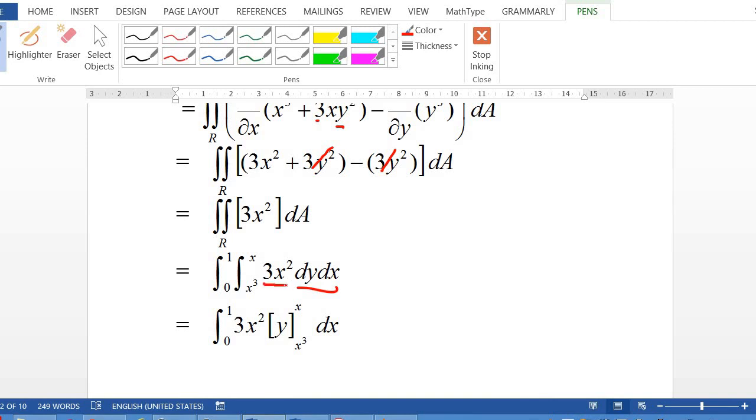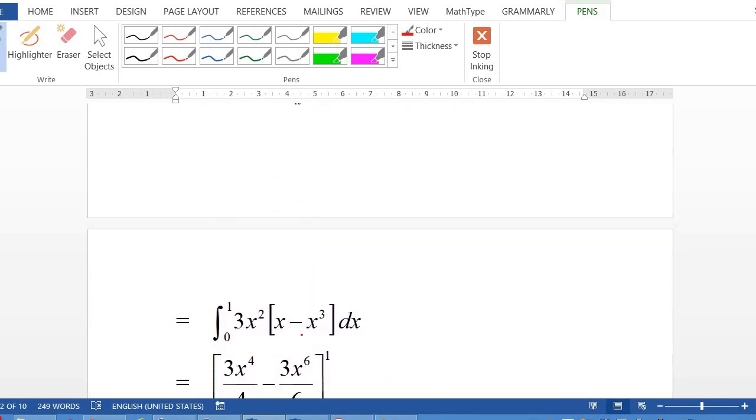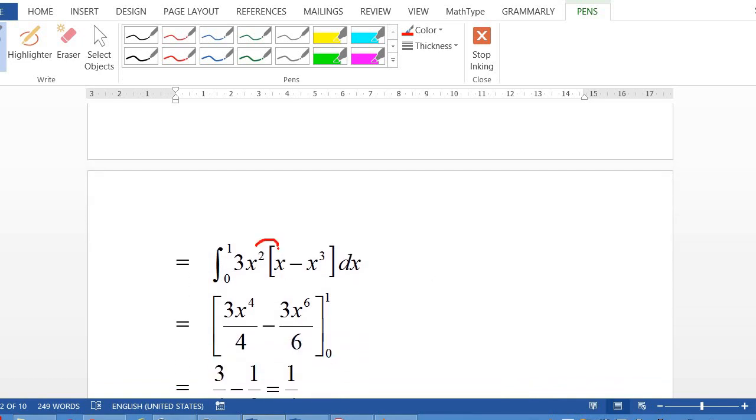So integrate 3x squared with respect to y, where the 3x squared here is a constant, so you have constant multiply y. Plug in y from the lower limit x cubed until the upper limit x. So you have 3x squared times (x minus x cubed), and then you expand, and lastly you integrate with respect to x.